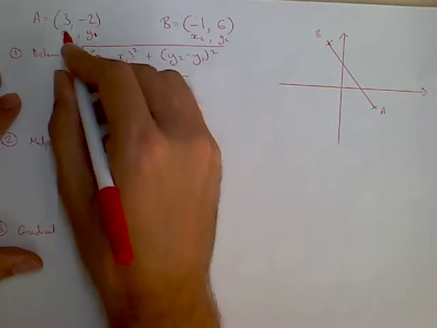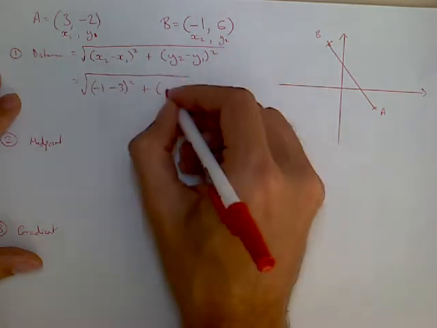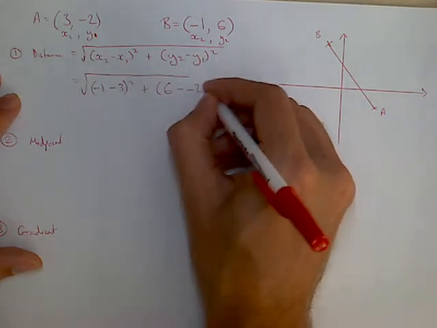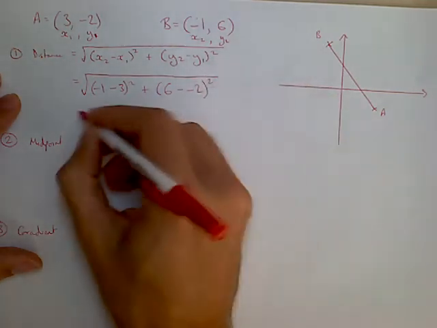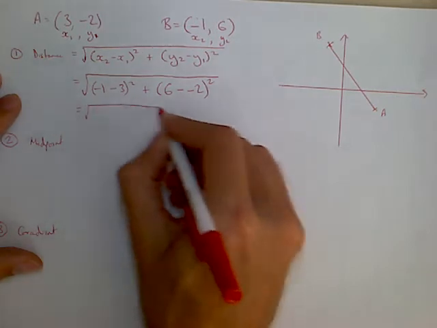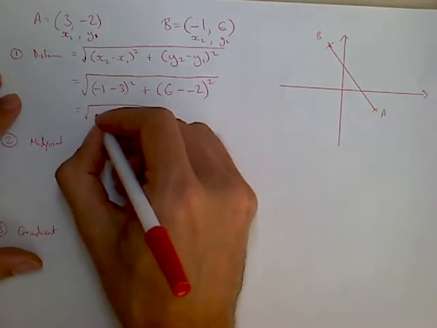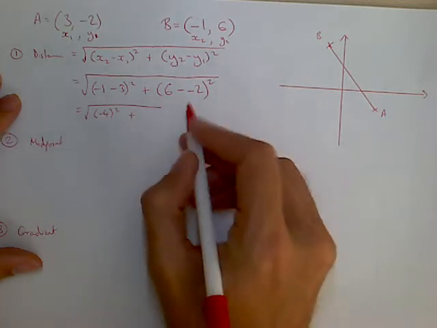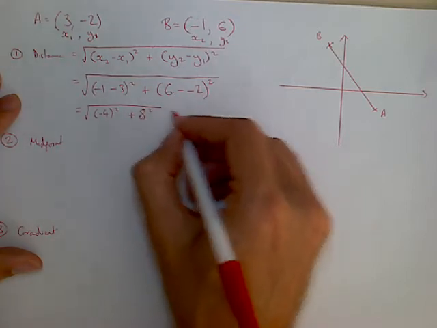Stick the numbers in, so we'll get minus 1 take away x1, so that's 3 squared, plus y2, so that's 6, take away y1, so take away negative 2, that means I'm actually going to be adding on the 2 afterwards, squared, equals the square root of negative 1 take away 3 is negative 4, so negative 4 squared, plus 6 take away negative 2, so that's 6 add 2, that's 8, 8 squared.